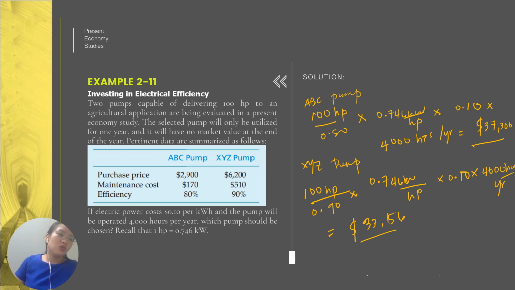Thus, the total cost of owning and operating the ABC pump is $40,370, while the total cost of owning and operating the XYZ pump for 1 year is $39,866.